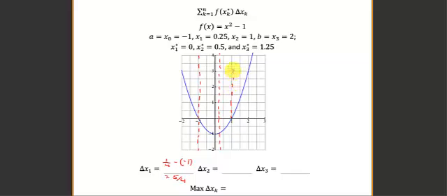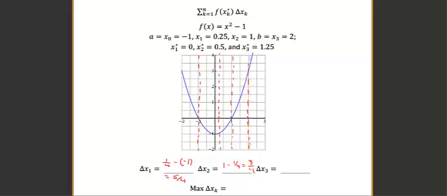It goes from 1/4 to 1, so 1 minus 1/4 is 3/4. And then x sub 3 is at 2.